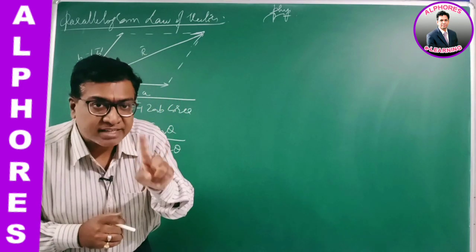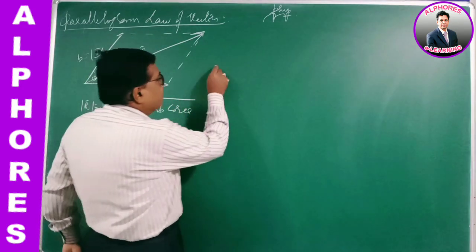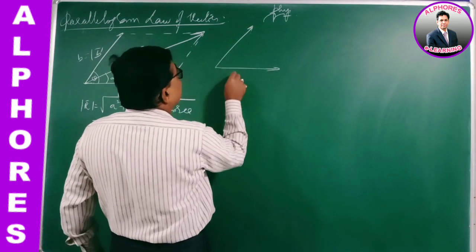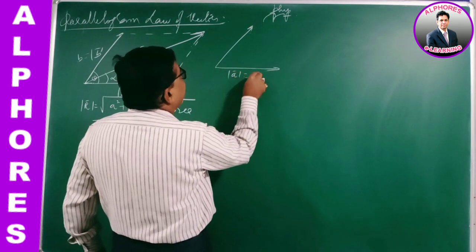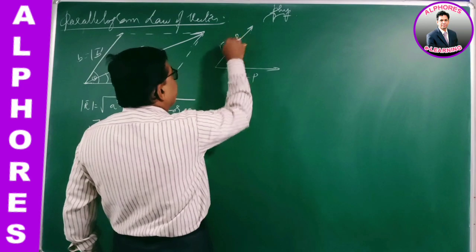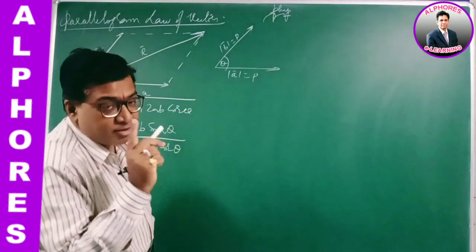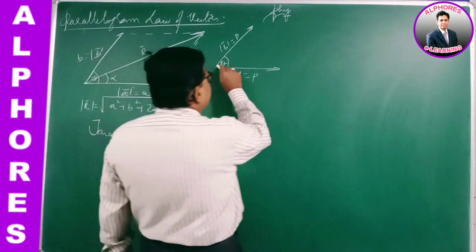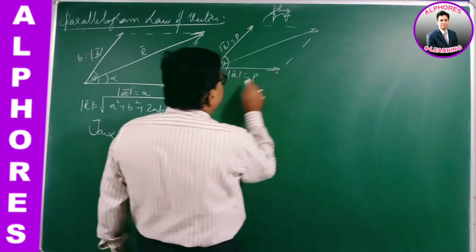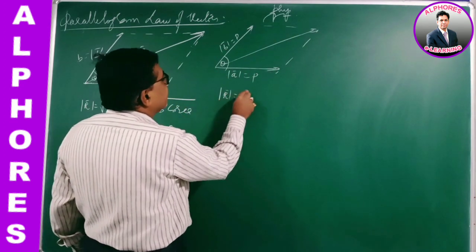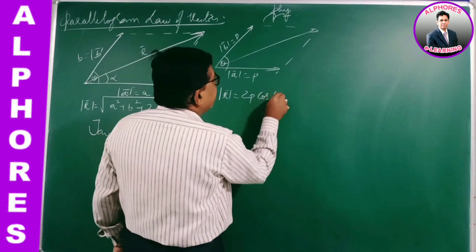If two similar vectors are of the same magnitude, mod a is p and mod b is also p, at an angle theta, a very important case, then the resultant given by the diagonal, mod R, is 2p cos theta by 2.